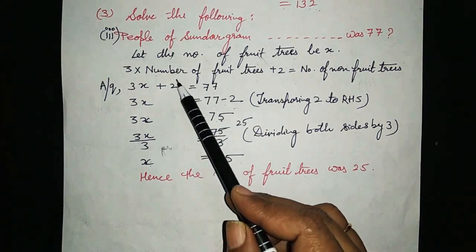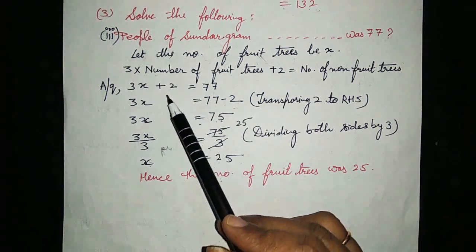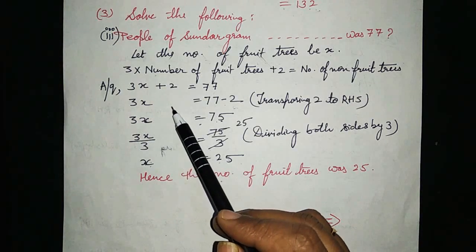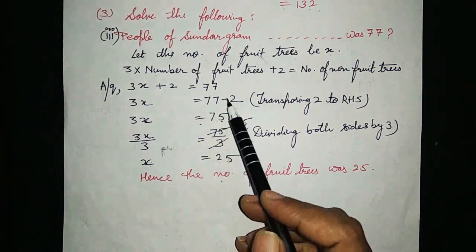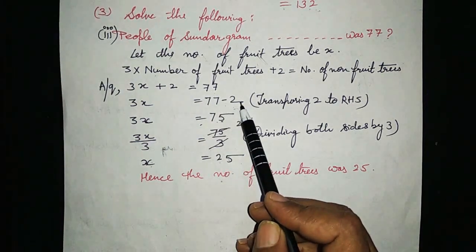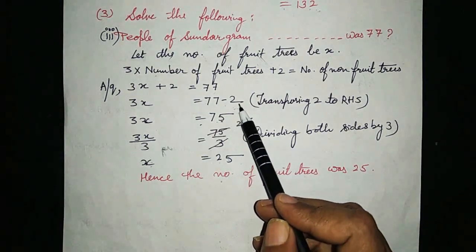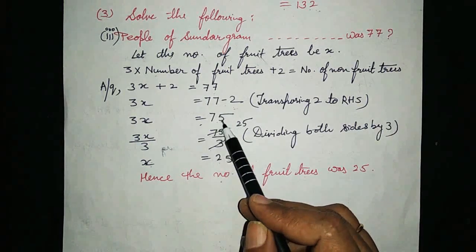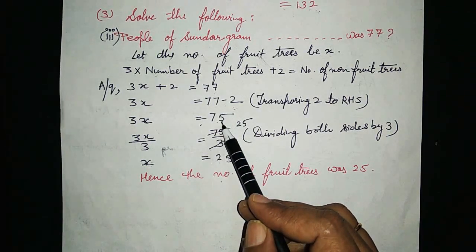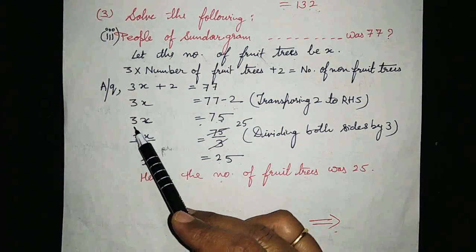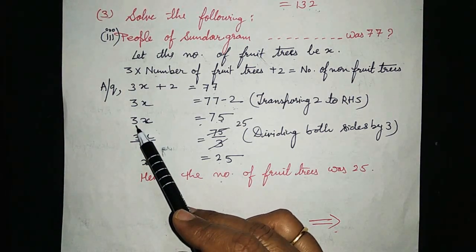Now we will transpose this plus 2 from left hand side to right hand side. The step will be 3x is equals to 77 minus 2. Now in the next step 3x we will write. When we subtract 2 from 77, we will get 75, and now we will separate the variable, and this 3 is in multiplication.